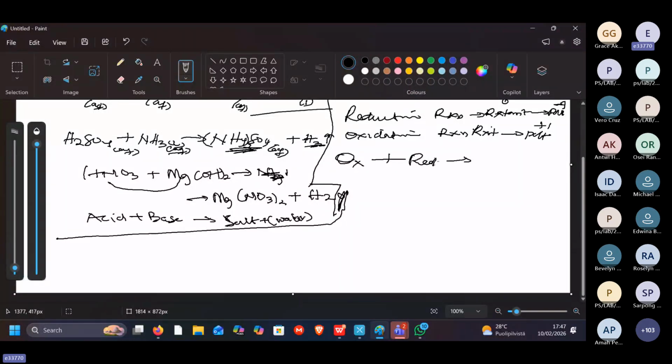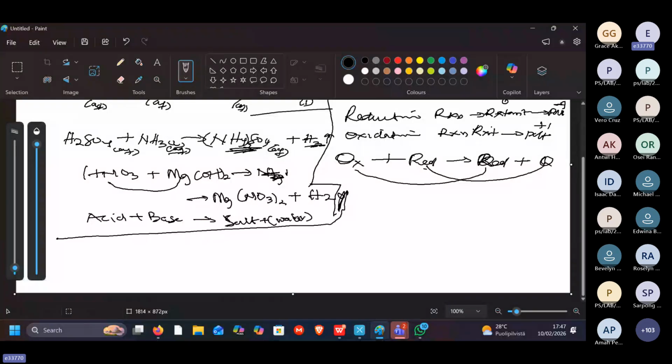At the end of it, the species that was going through oxidation becomes reduced. Then the species that was going through the reduction will also be oxidized.